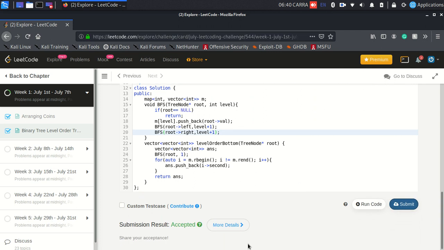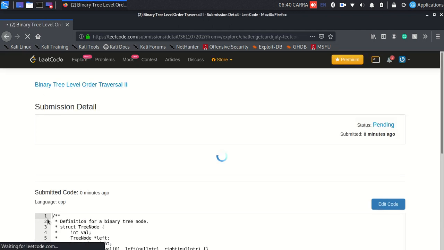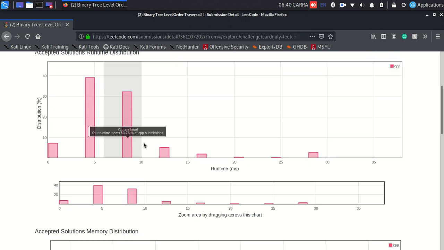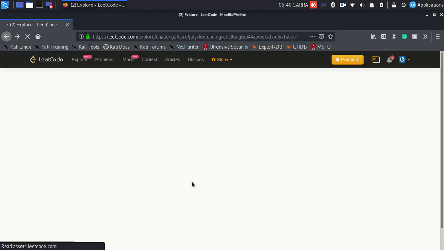Yeah, it's submitted. So let's see how well we did, because many a time people have speculations about maps, because using a map will delay the running speed. So yeah, we are not pretty bad. We did around 8 ms, and that should be kind of good. Now we can always increase the speed.